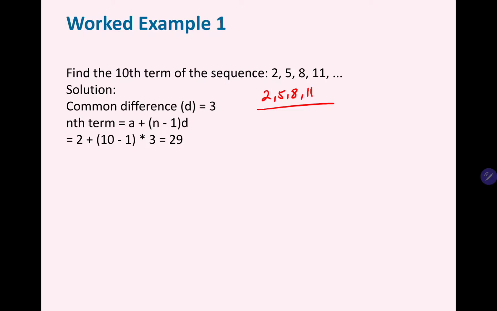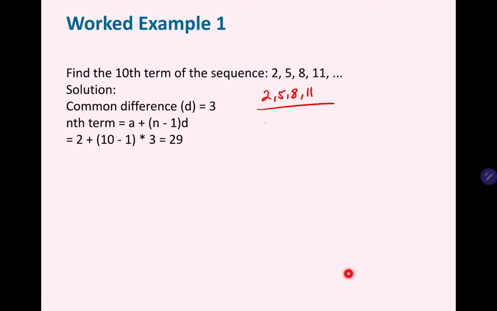Okay, that's the simplest way I can put it for now. But there are two types of sequences for our level right now, the arithmetic sequence and the geometric sequence. But the arithmetic sequence is got by the addition of a constant number to the preceding term.